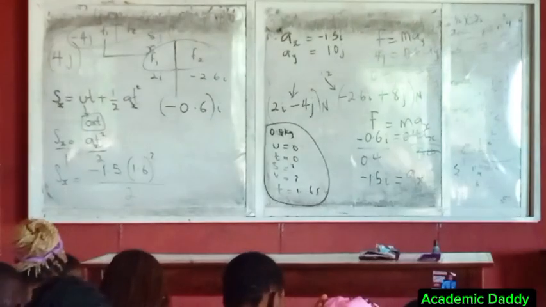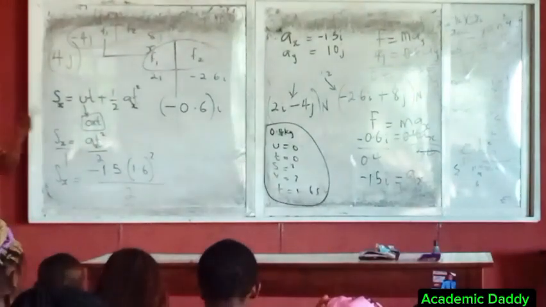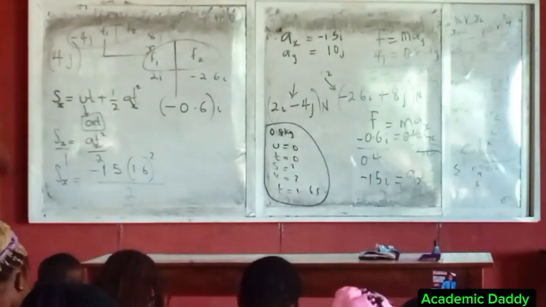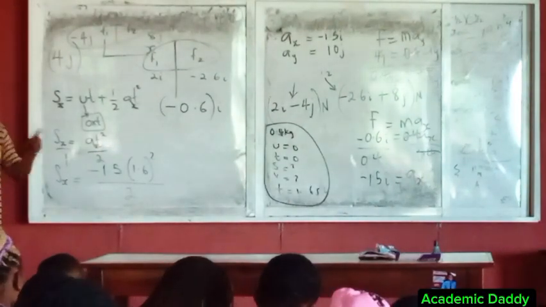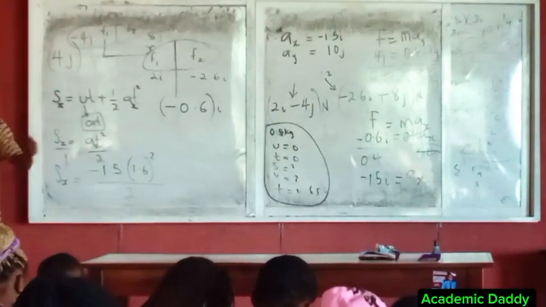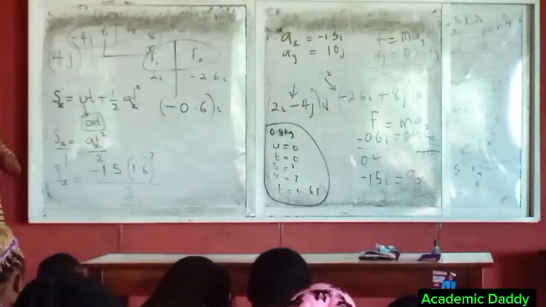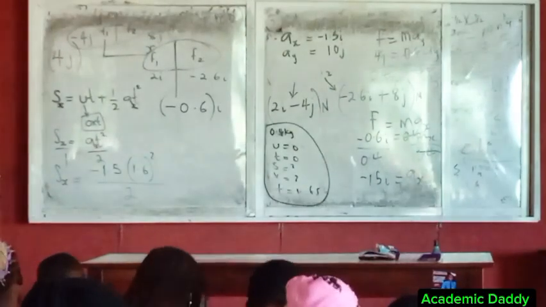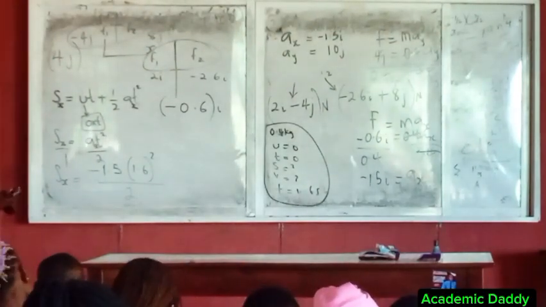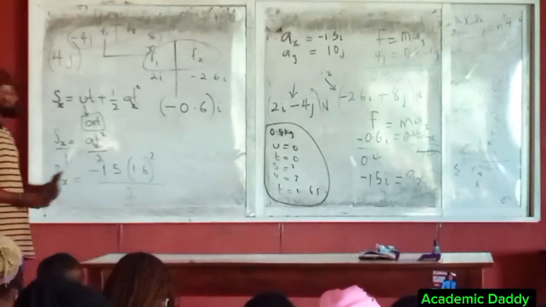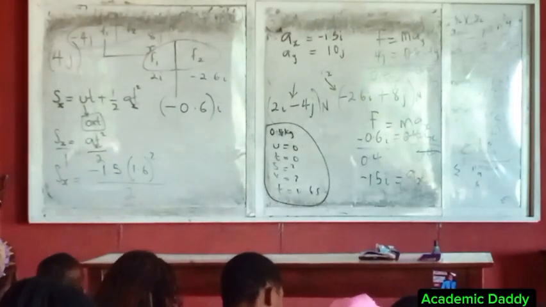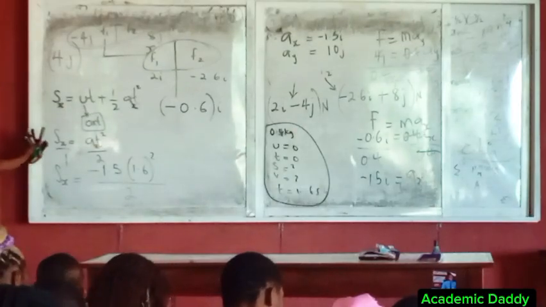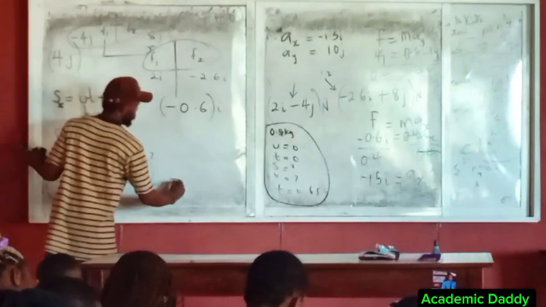The only place it will be hard is if you are given force in x-axis and force in y-axis, and you want to find the position. Instead of finding the position in x-axis and y-axis, if you want to find the resultant, you go and do vector, do a resultant first. So punch for me 1.6 squared times minus 1.5 divided by 2. Everybody, what do we have? Minus.